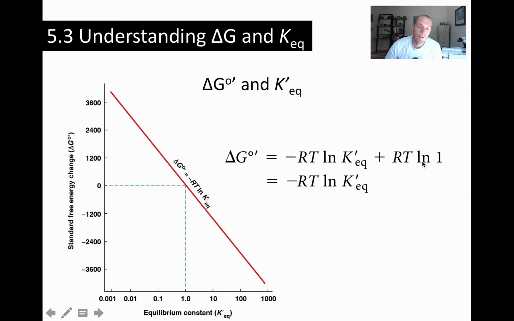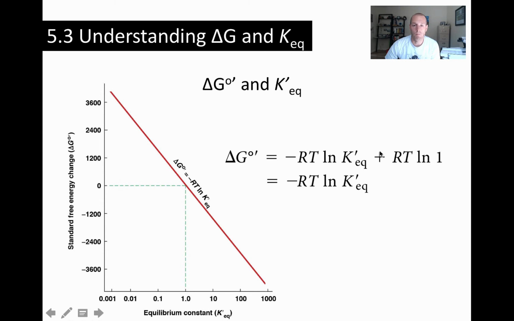And to that you add the universal gas constant multiplied by the temperature times the natural log of 1. So where does this come from? This tells us that we're dealing with standard conditions, because if we make the substrate concentration 1 molar and the product concentration 1 molar, 1 over 1 is 1. The natural log of 1 here is 0, and so RT times 0 is 0.